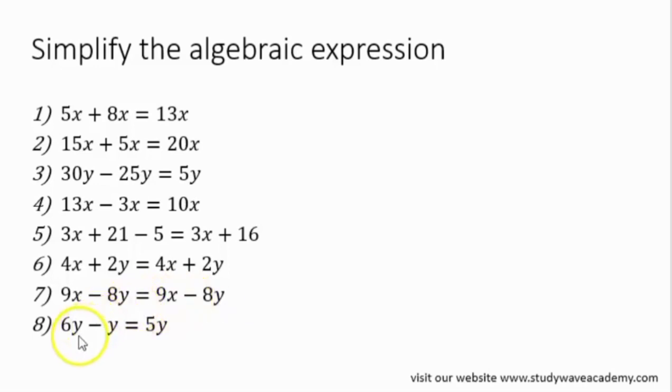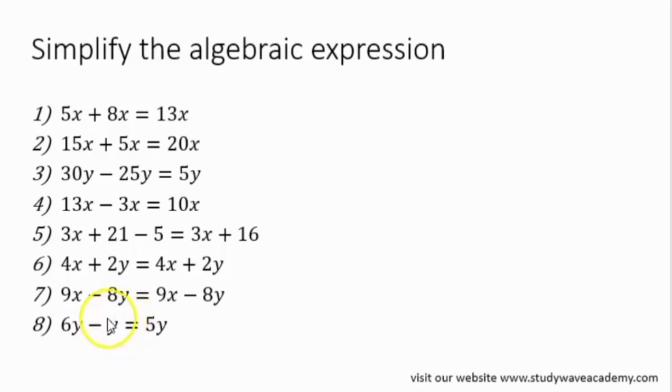Our next question is 6y minus y. So what are we going to do here? We are going to subtract. They have the same variable, right? The y is next to 6 and we have y here. This y also represents 1. If a variable is on its own, it represents 1.